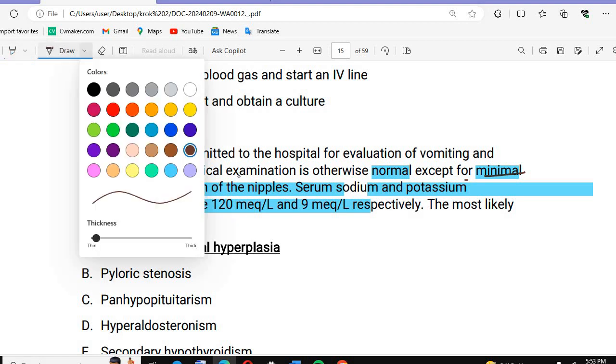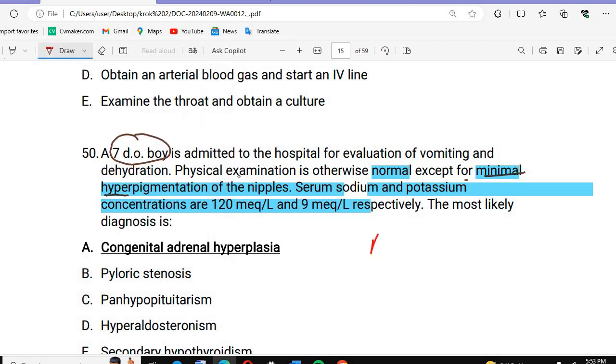When serum sodium and potassium come up in a question, I always think about aldosterone, because I know one thing about aldosterone: it is a hormone. In the adrenal cortex we have GFR: zona glomerulosa, zona fasciculata, zona reticularis, and then the medulla.